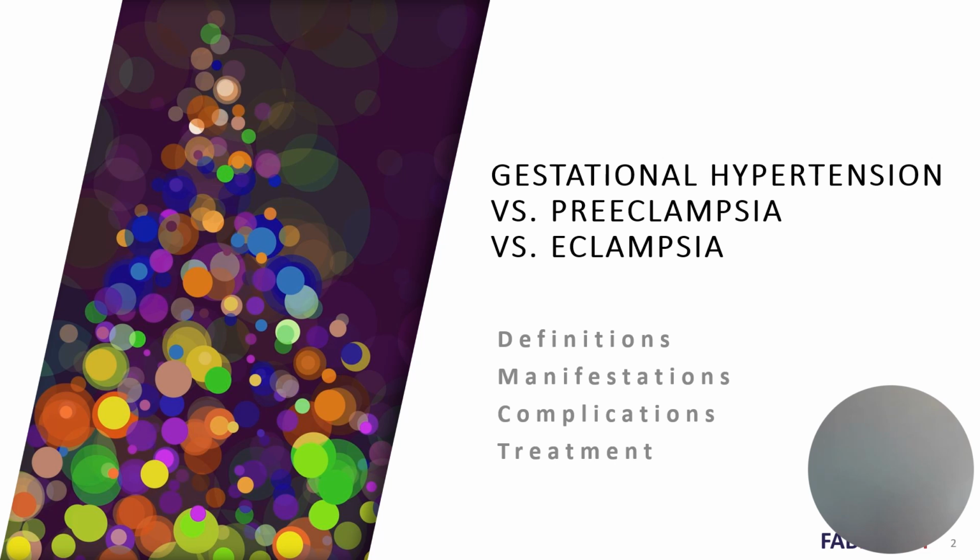Eclampsia is literally defined as preeclampsia with seizures or coma. Complications of eclampsia are going to be aspiration, cerebral hemorrhage, stroke, placental abruption, maternal and/or fetal death.